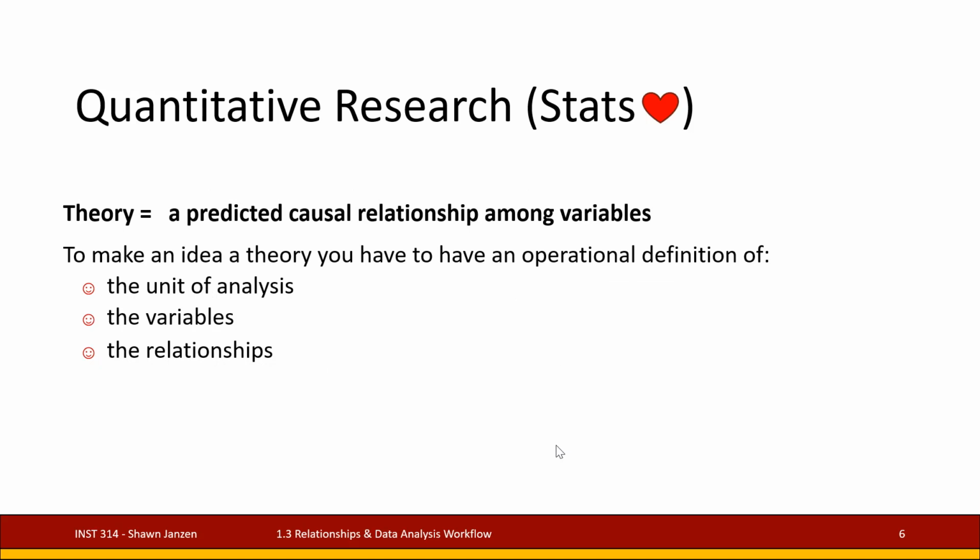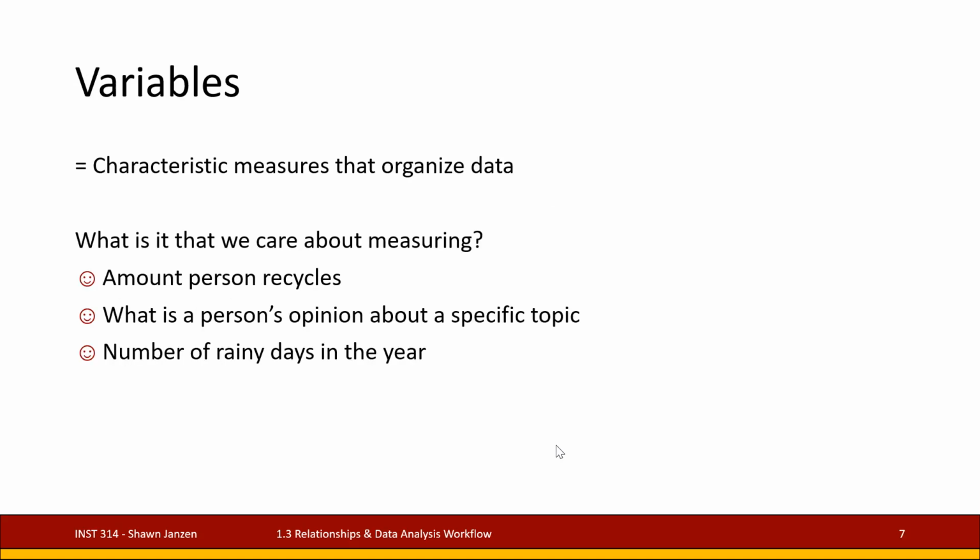We build these ideas into theories, and theories are the predicted causal relationships among the different variables that we have. So in order to construct your theory, you have to have a firm understanding of the unit of analysis, the variables, and the relationships. Again, just to recap, the variables organize data. So what is it that could vary that we are measuring?